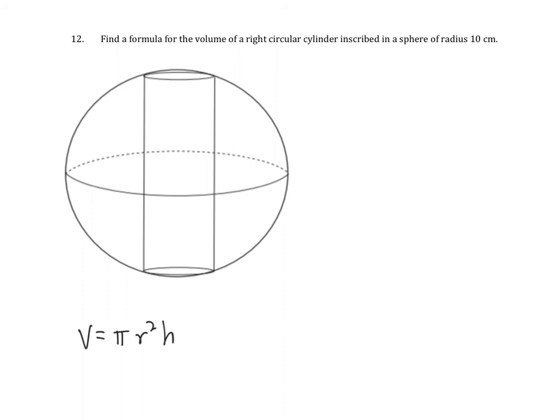Okay, so watch how we'll do this. Let's say that's the center of the sphere. We can draw a line to a corner of the cylinder, which will be a radius of the sphere. So that's 10, that distance.